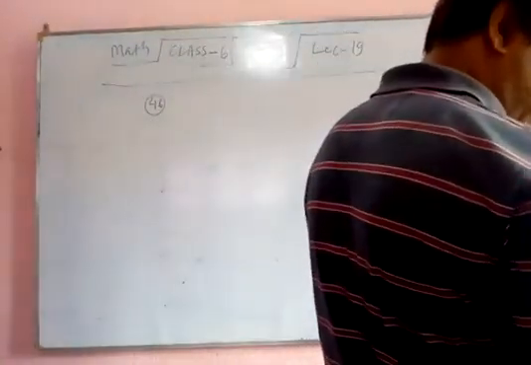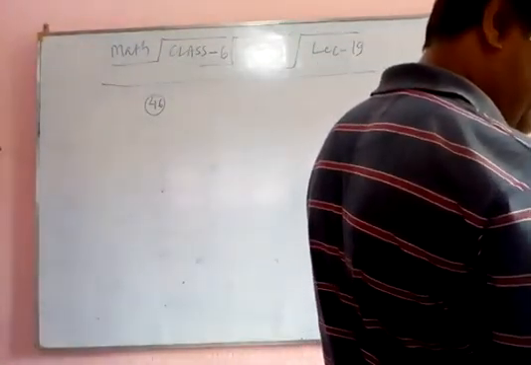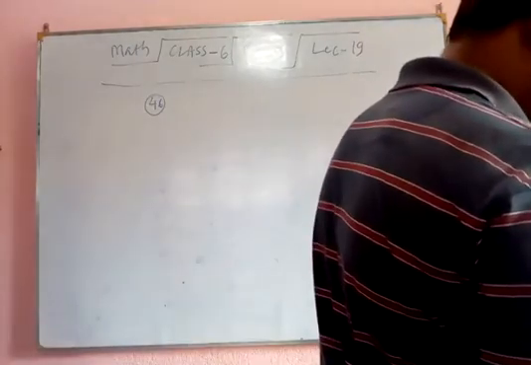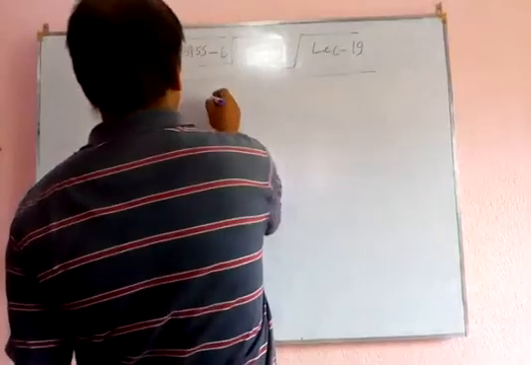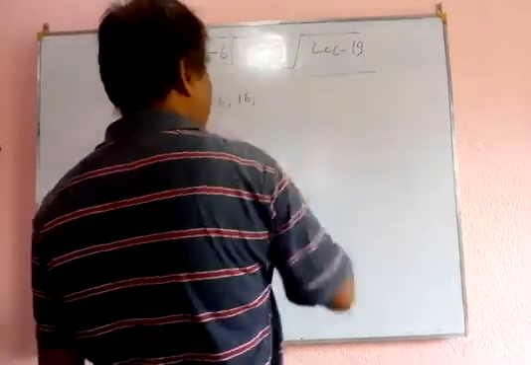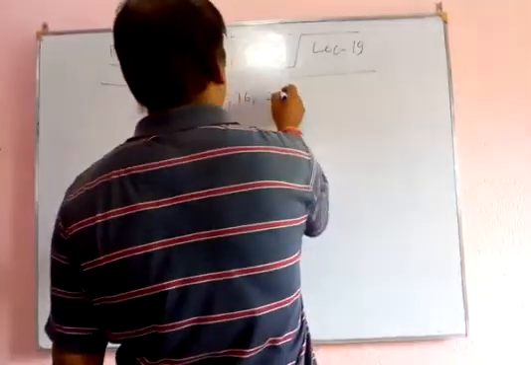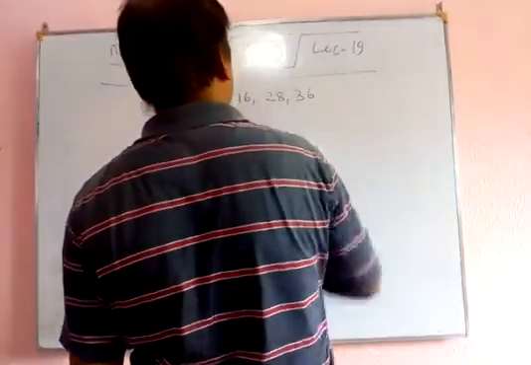Example number 46. Find the greatest number of 4 digits exactly divisible by 12, 16, 24 and 36.